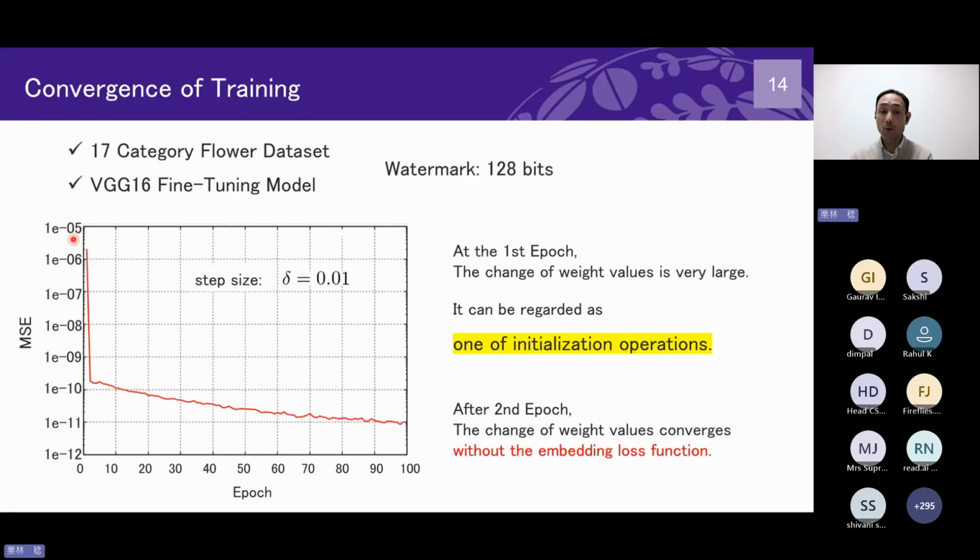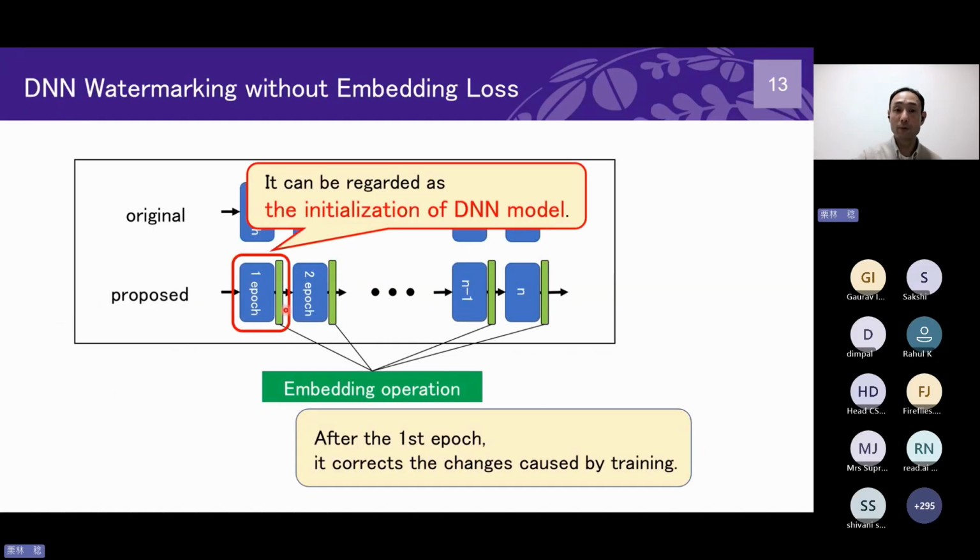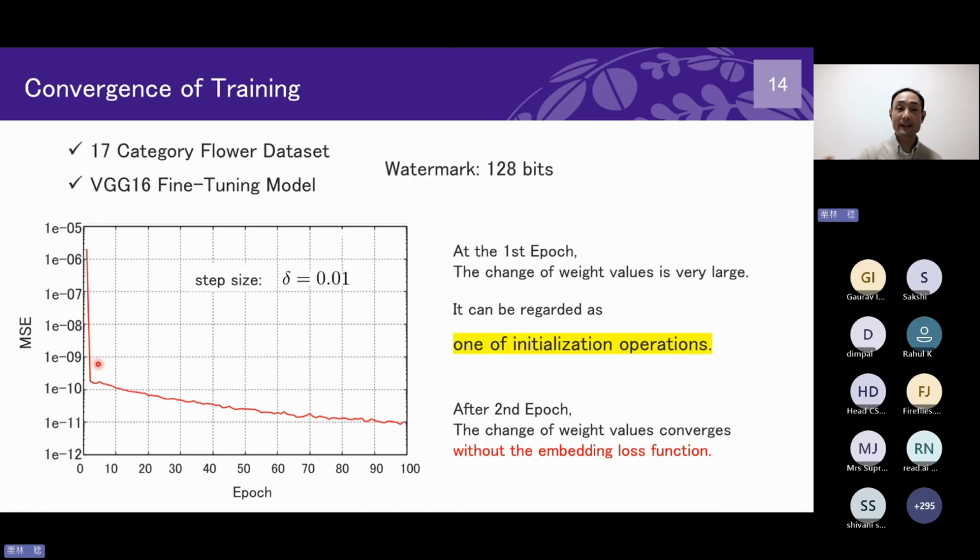But at the second epoch, the weight parameters are updated, and only for the sampled weight parameters, and their changes are corrected in the second embedding operation. Therefore, the mean square error of the weight parameters becomes small.